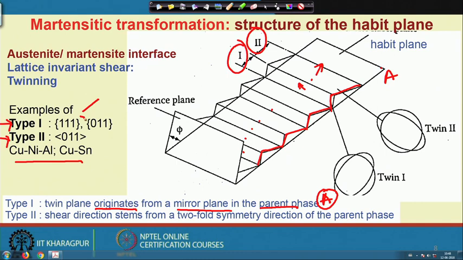Whereas in some other systems, like non-ferrous systems, where the austenite is not face-centered cubic or the martensite is not body-centered tetragonal like in ferrous alloys, the transformational strain could also be accommodated by dislocation or complex twinning. So, next class we will start with the shape memory effect. Thank you.